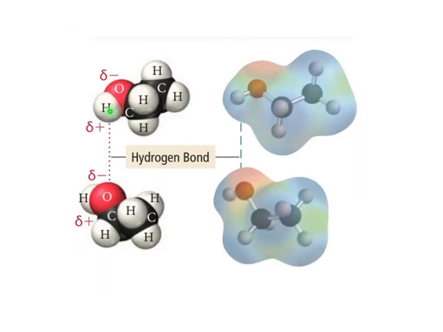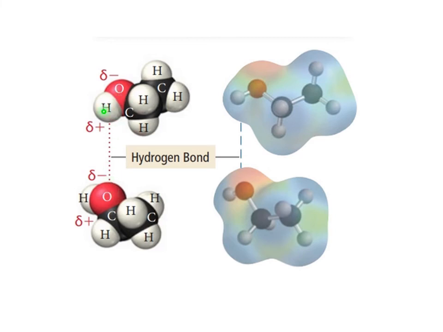Hydrogen bonds exist not only in water, but also in other molecules that have OH and NH groups. So in this case, in ethanol, the hydrogen atom of the OH group can make a hydrogen bond with the oxygen atom of another ethanol molecule.